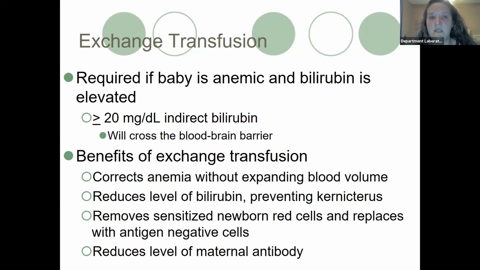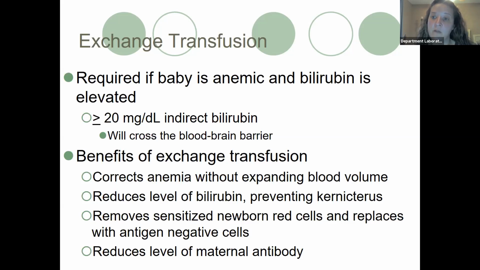So this is, in severe cases, usually determined on the amount of bilirubin. If there is a high amount of bilirubin, usually greater than 20 milligrams per deciliter, that indicates a very high level with the potential for that bilirubin to cross the brain barrier and could cause kernicterus. Okay, so that's the concern here.